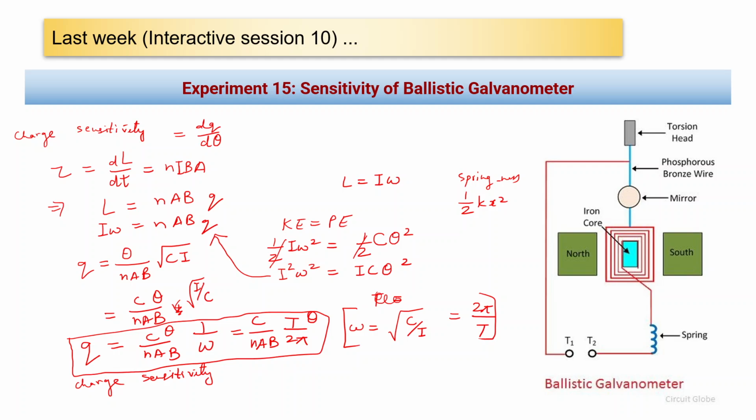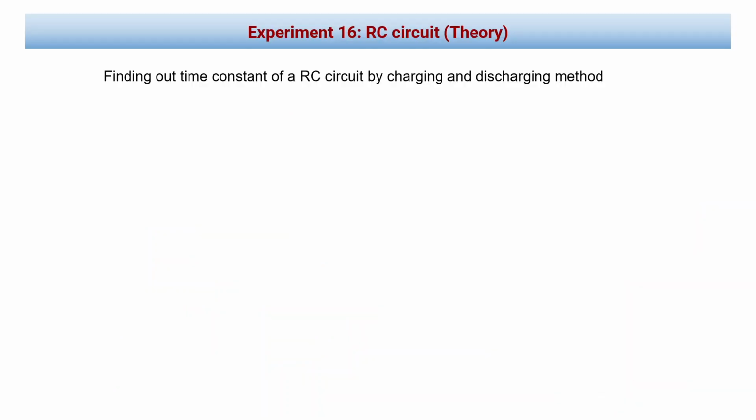Now let's proceed to discuss the concepts based on this week's lecture, and we will also do last year's assignment based on these concepts. The first topic we'll discuss today is the RC circuit, that is, when a resistor and a capacitor are connected in series in a circuit, then what happens?